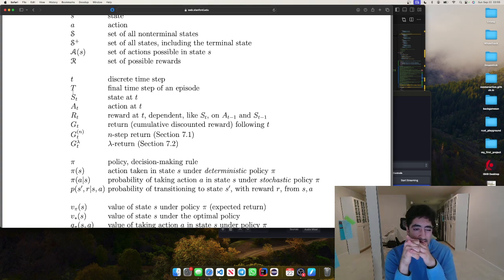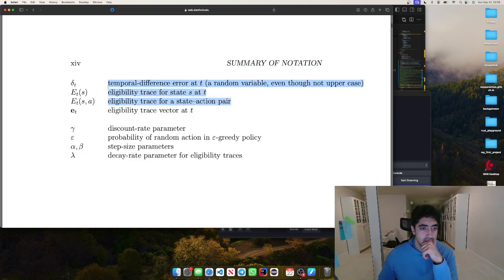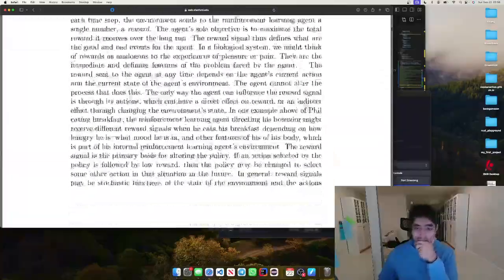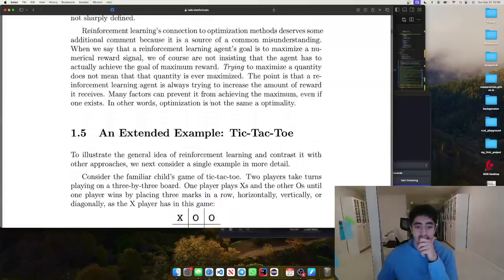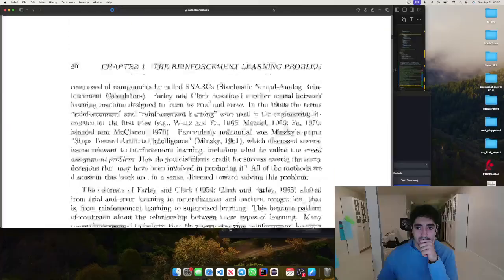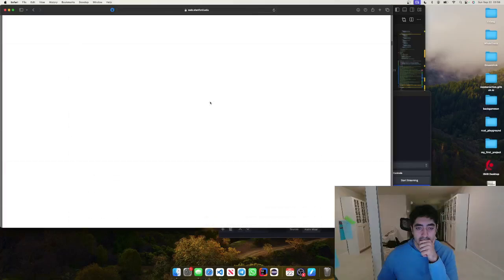State at T, action at T, reward at T. Alright. Oh yeah, the blue.